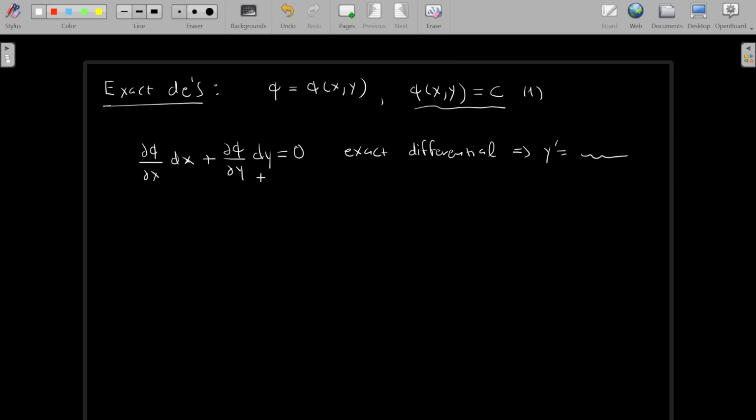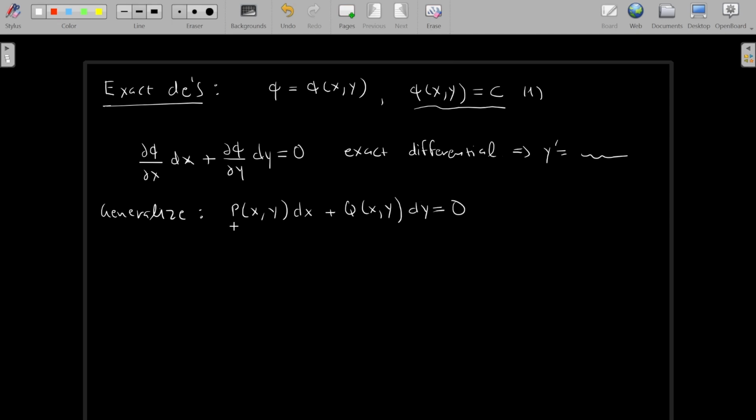Now, let us generalize this. This can be written as a function p of x and y dx plus q, another function of x and y, dy, is 0.